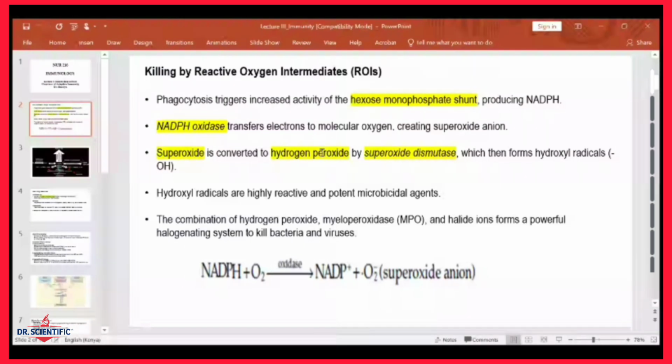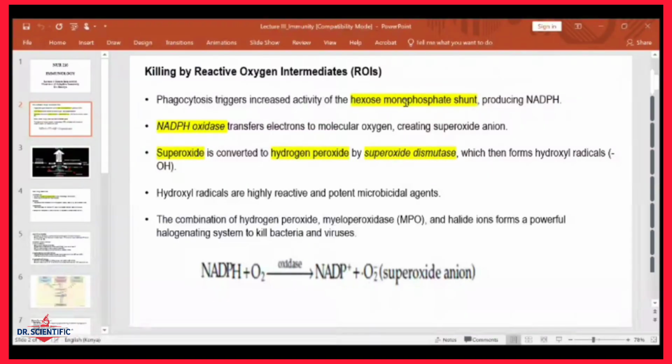In the essence of phagocytosis, it increases the hexose monophosphate shunt. If you remember when we were talking about biochemistry, we looked at metabolic pathways. One of the metabolic pathways in nucleic acid synthesis is the hexose monophosphate shunt, although it's linked with carbohydrate metabolism.